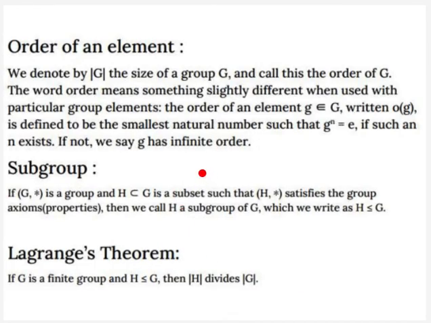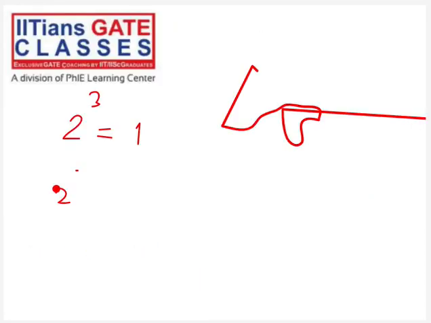So what we are saying is that the order of an element is the smallest natural number n such that G power n is the identity, if such an element exists. Other than 0, of course, because if you do power 0, you automatically get the identity element. So for example, 2 power 5 will be the identity element 0.